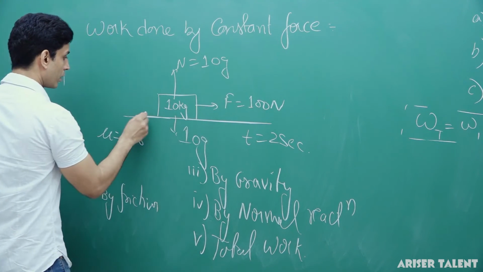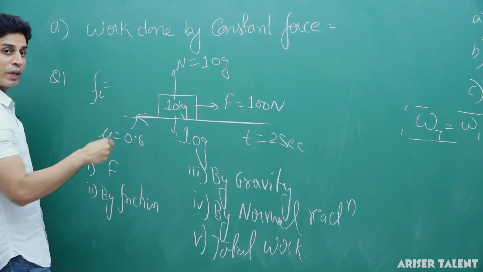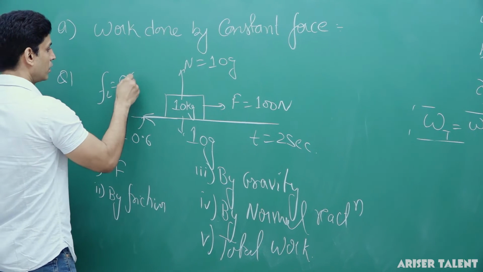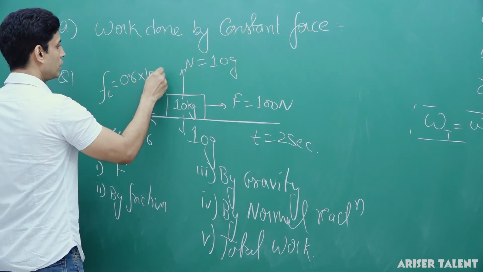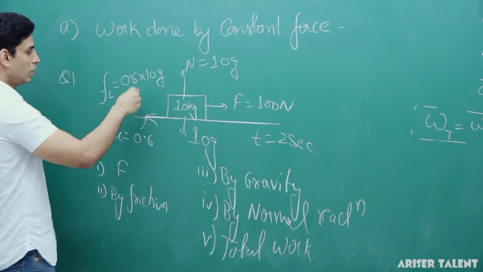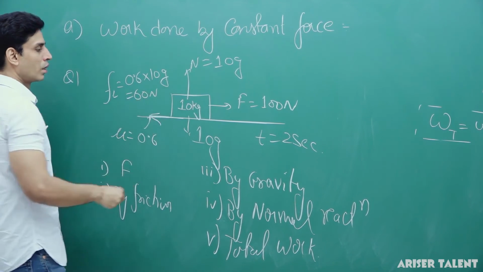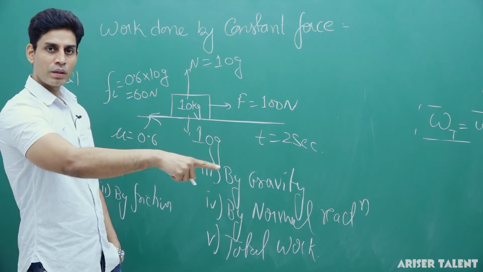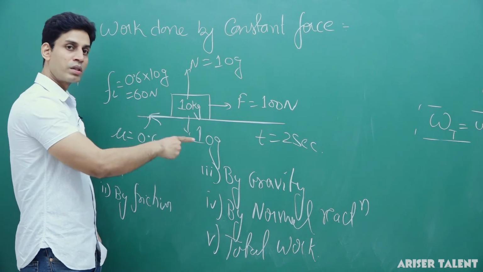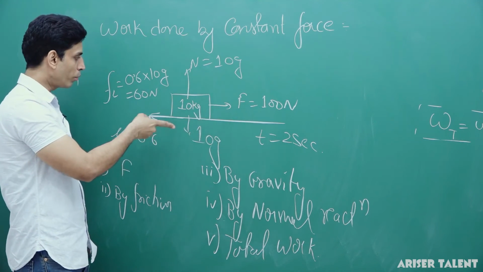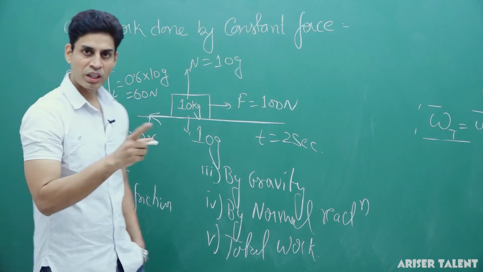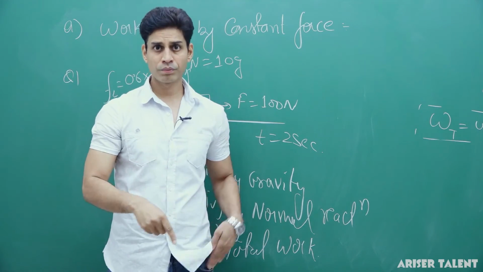So the limiting friction is mu n, mu is 0.6 into 10 g, g is 10, so it is 60. Now 100 Newton wants this block to move and the opposing force is 60 Newton. So tell me, will the block move or not? Yes, it will.